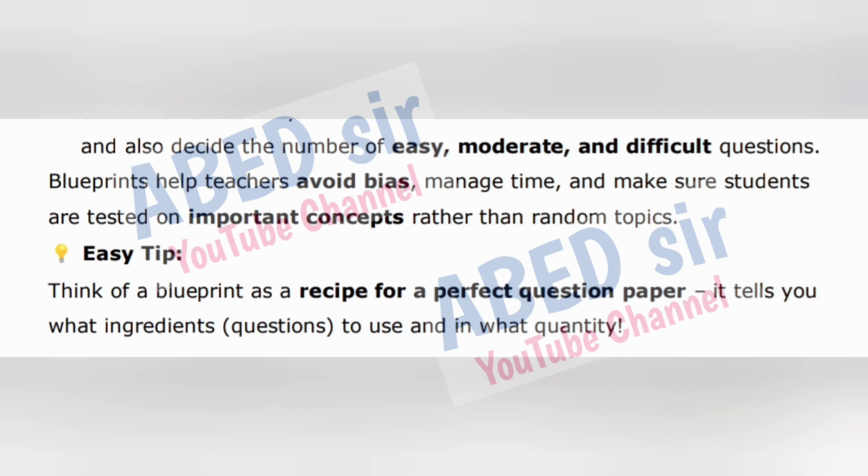Blueprints help teachers avoid bias, manage time, and make sure students are tested on important concepts rather than random topics. Easy tip. Think of a blueprint as a recipe for a perfect question paper. It tells you what ingredients, questions, to use and in what quantity.